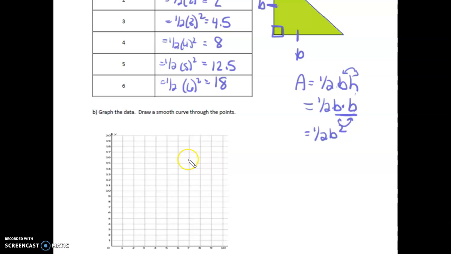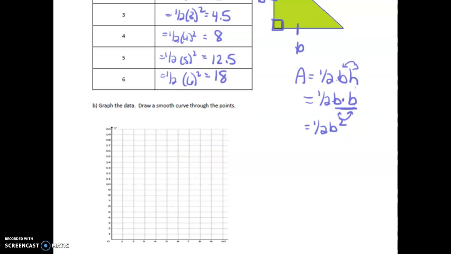Okay, and then what we're going to do is scroll down and graph this on our graph. I just want to note that we're not going to graph the 0, because if we had a 0 length, there would be no triangle.